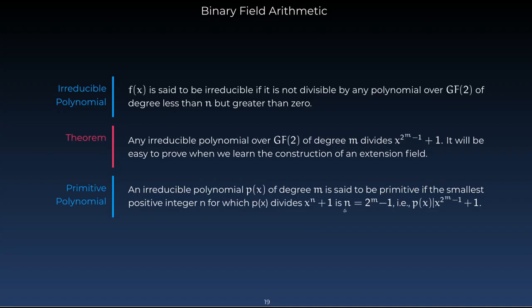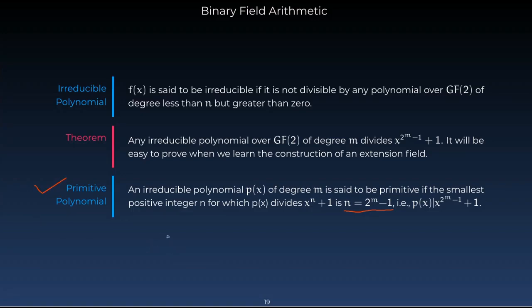We have already seen that any irreducible polynomial of degree m should divide x to the power 2^m minus 1, plus 1. Other than this polynomial, it should not divide any polynomial of this form with degree less than 2^m minus 1. Then this polynomial is going to be called a primitive polynomial.